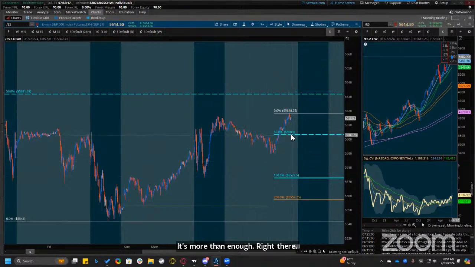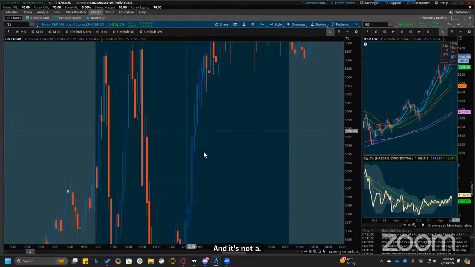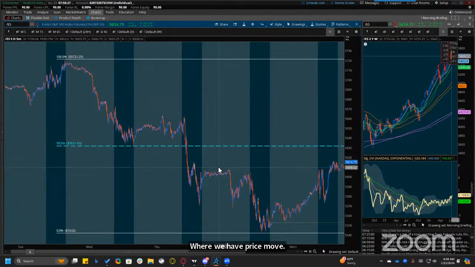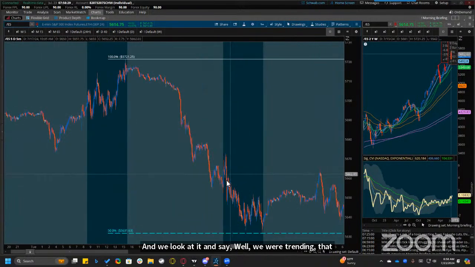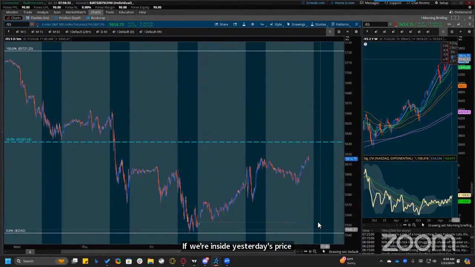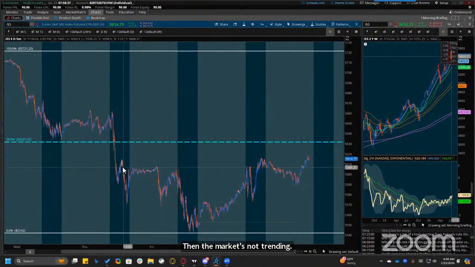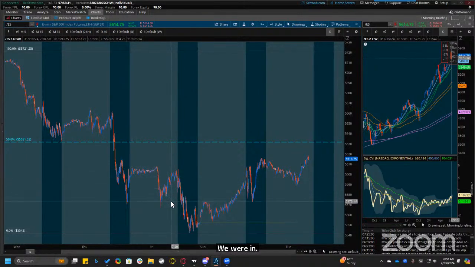There is a concept of trend days, and it's not a day where we have price move and we look at it and say, well, we were trending, that must be a trend day. If we're inside yesterday's price action, then the market's not trending, right? And we were in Thursday's price on Friday.